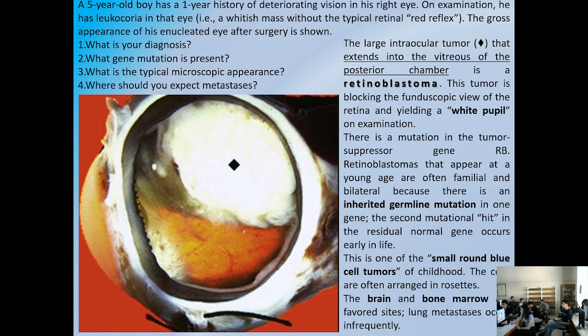That's why they are dark. Can you think of some other tumors we have already encountered in our program that have small cells, dark staining cells? Which tumors do you know? Is it cervical cancer?